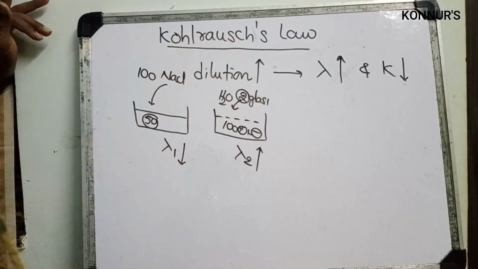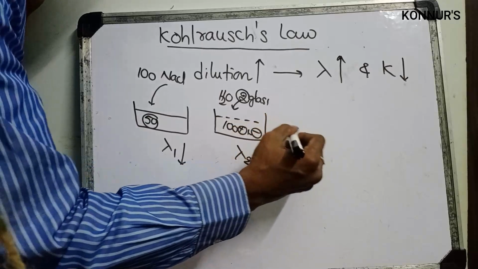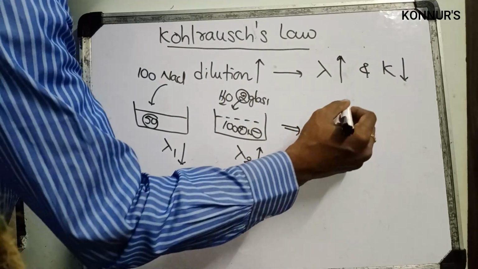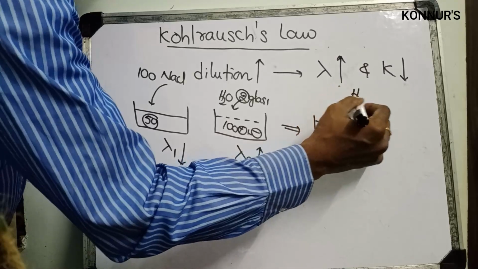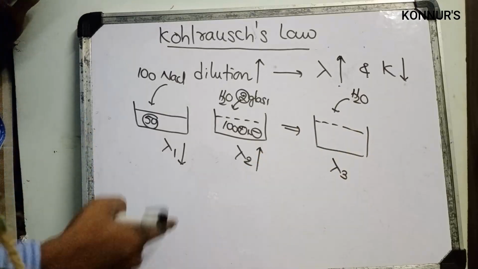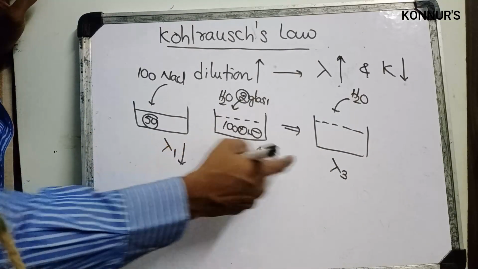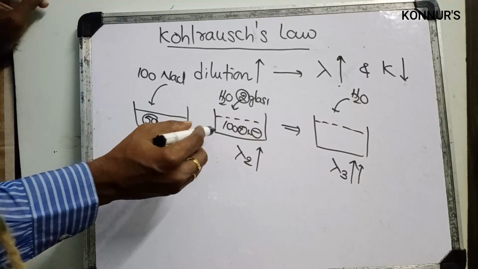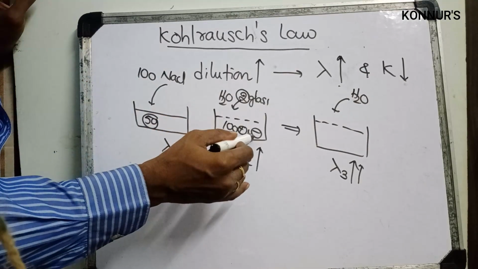Next I add another glass of water, and this conductance becomes lambda 3. Compared to lambda 2, lambda 3 is high, because all 100 molecules are dissociated.